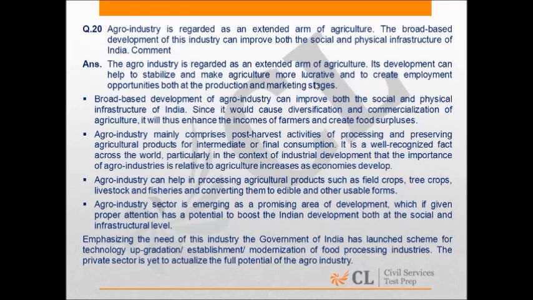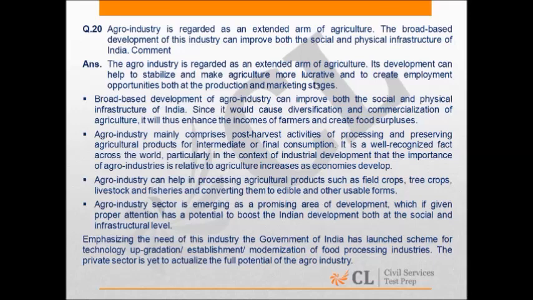Agro-industry is regarded as an extended arm of agriculture. The broad-based development of this industry can improve both the social and physical infrastructure of India. Comment. Agro-industry. India is still almost 60% of the population engaged in agricultural and allied activities.